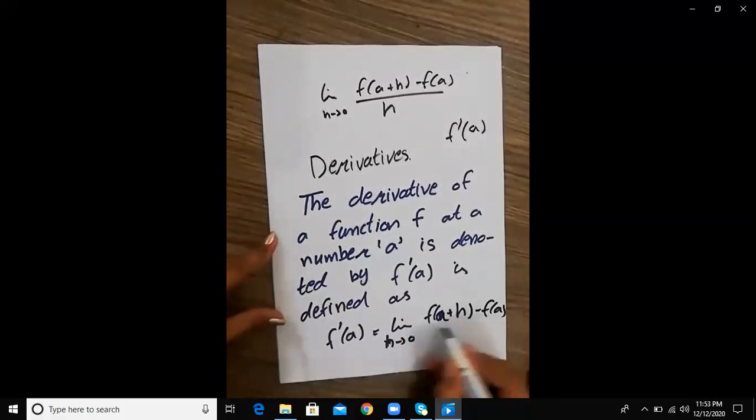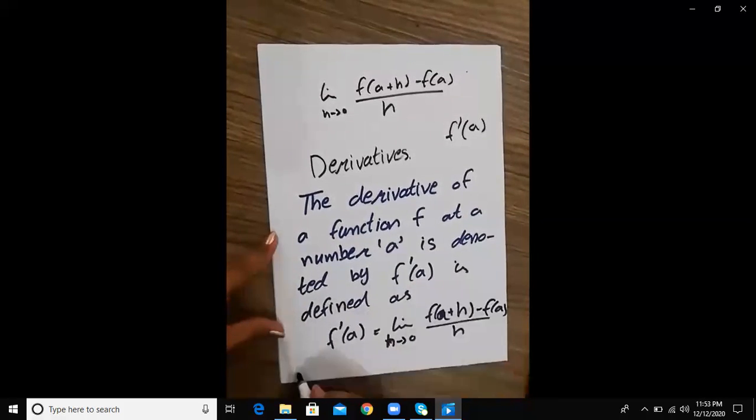This is the derivative. This is how the derivatives are defined.